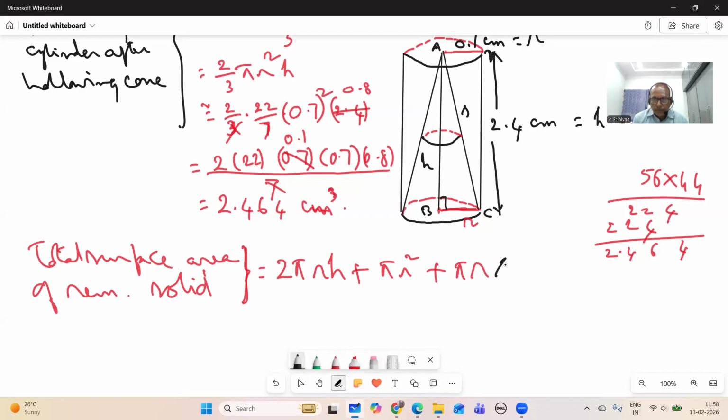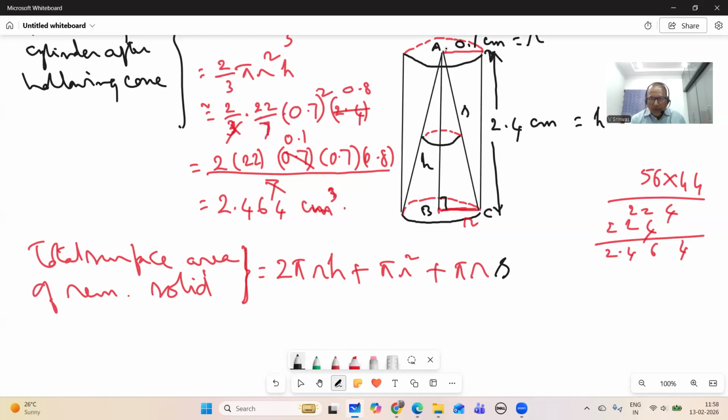Again, what is the total surface area of the remaining portion after hollowing out the cone? It is the lateral surface area of the cylinder, that is 2 pi r h, the circumference times the height. That becomes the curved surface area of the cylinder.